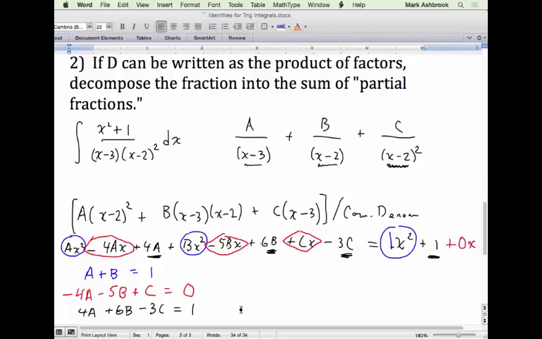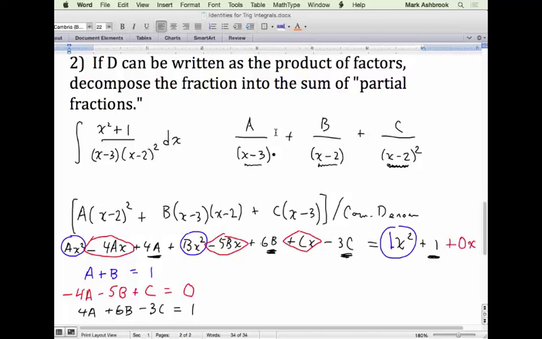Yeah? That first part, why didn't you multiply B by x minus 2 squared? Or C by... I'm asking, so I'm adding these fractions. So when you add fractions, you need a common denominator. And our common denominator is what we started with.